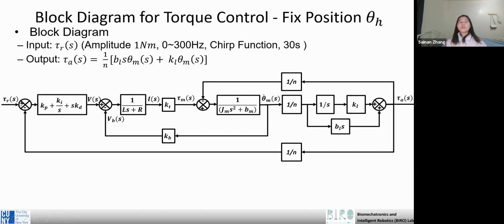This means for the input, we give a sine function whose amplitude is 1 Newton meter, and its frequency will increase from 0 to 300 Hertz in 30 seconds.